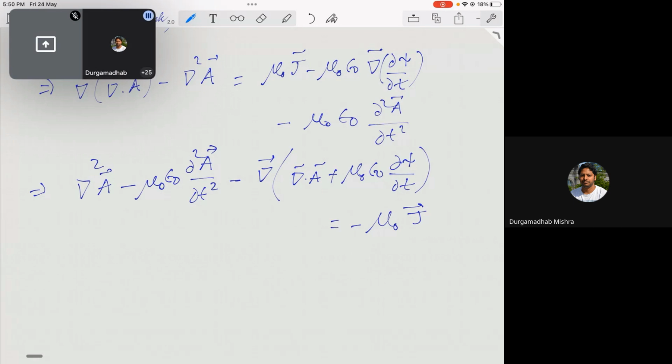Okay, so once you have done that, now let's look at the form of A, and what we are saying is these equations should remain unchanged.